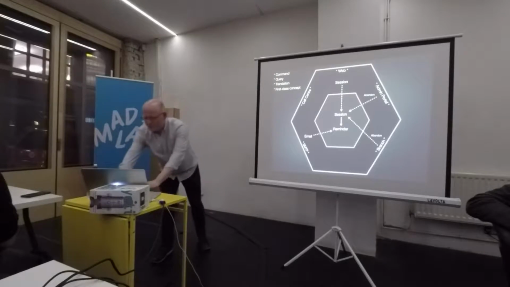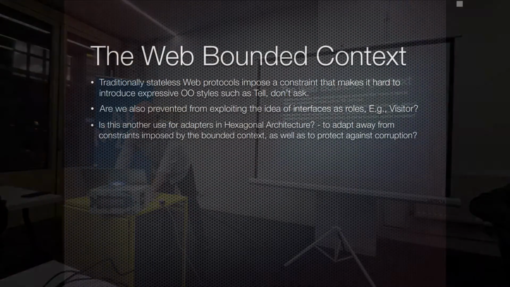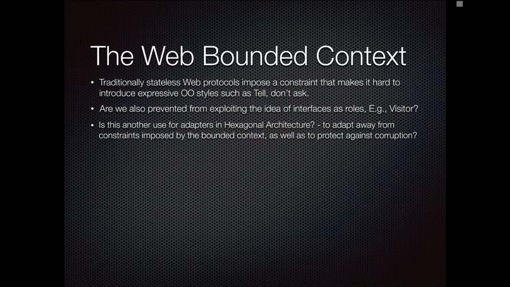So let me put the last slide on, because this is the problem that I find with things like this: traditionally stateless web protocols impose this sort of constraint on you. If you're starting to build a controller that wants to interact with the domain, you can't get to things like tell, don't ask.